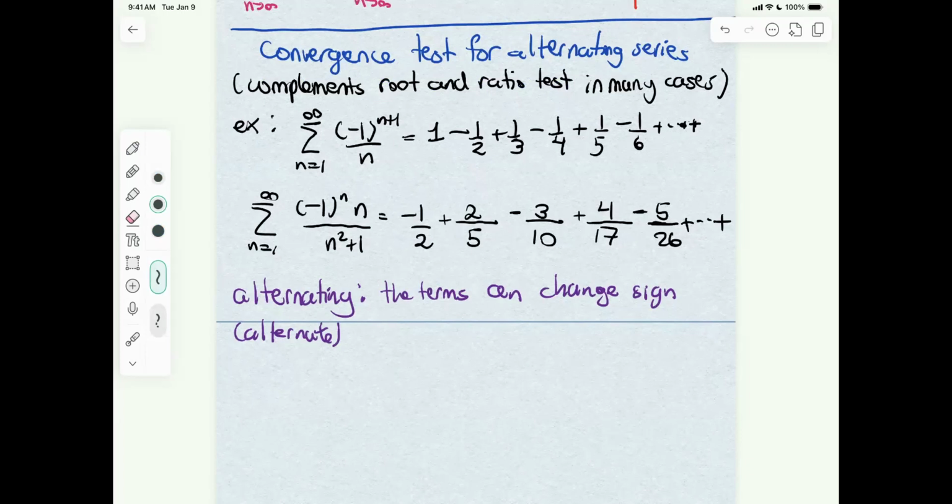In reality, the only thing you care about is that the series is eventually alternating, meaning it becomes alternating after a finite number of terms. The first 1 million terms could be all positive or all negative, but if after that it starts alternating and satisfies something else that I still have to write, then you could apply this same test.